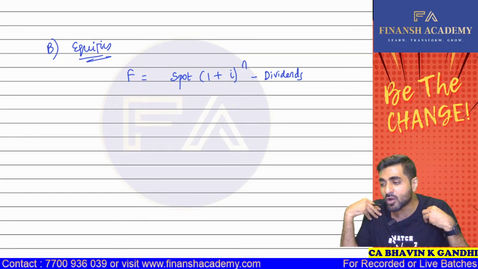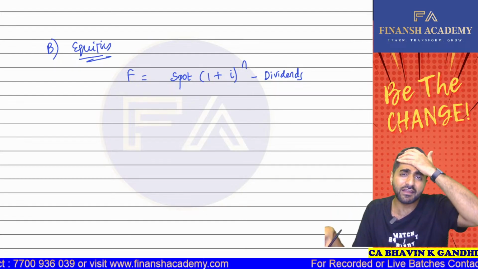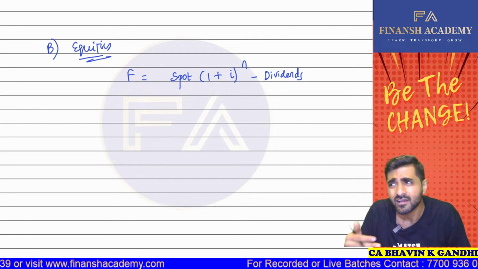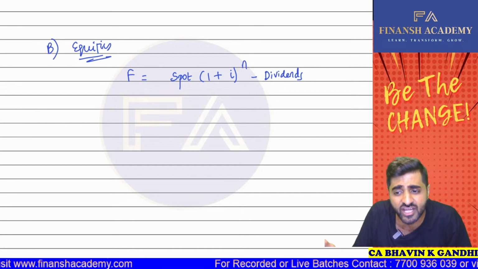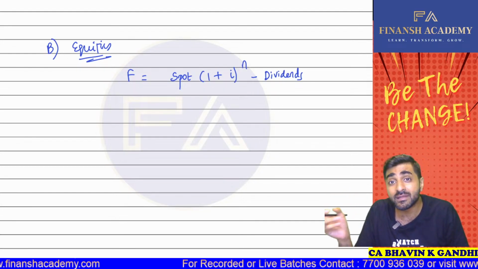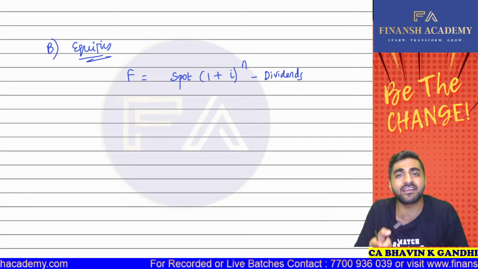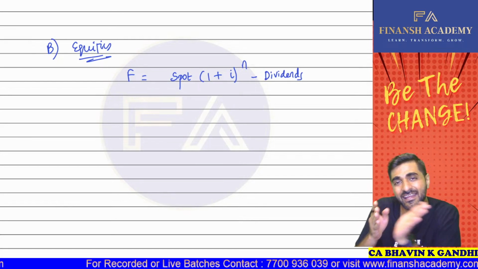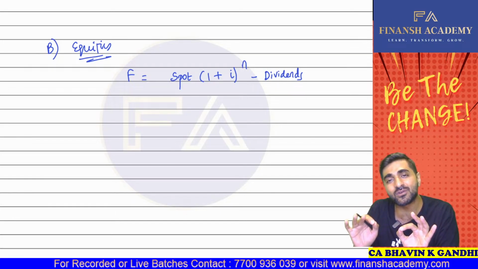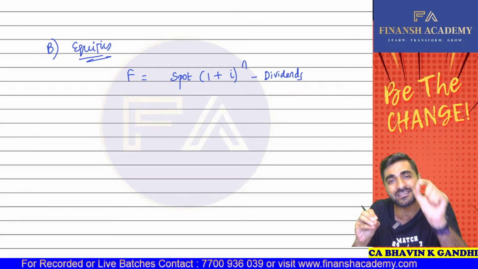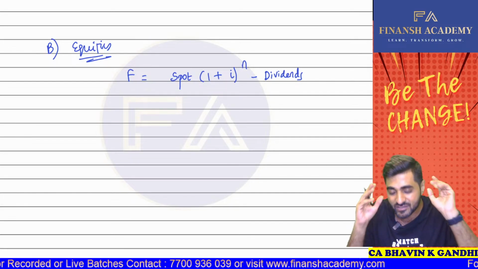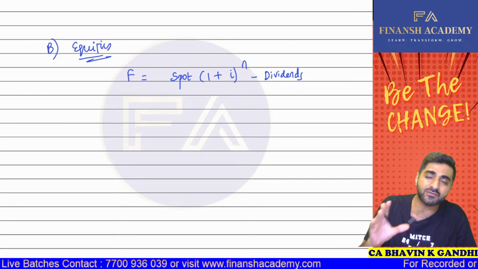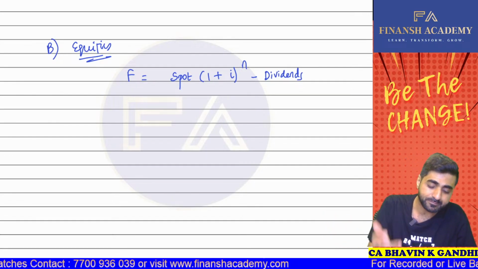A buyer will always tell the seller, listen, whenever we are taking into consideration the price of a future share, the dividends which will be received by the seller will be treated as an income. As in commodities, whatever the storage cost was, we were adding it to the spot. Similarly, my dear students, whatever dividend income is received by the seller, are we going to subtract the same? Come on, yes or no? Yes, sir. So dividends, we are definitely going to subtract. Okay. So that will be reduced from your spot.